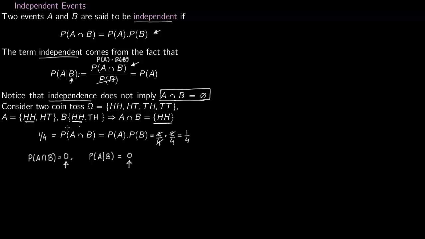So this is talking about independence of events. So you can say A and B are independent events, because probability of A intersection B is probability of A times probability of B.